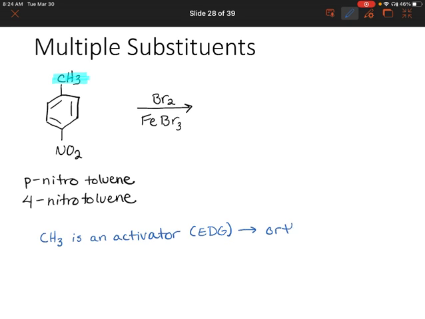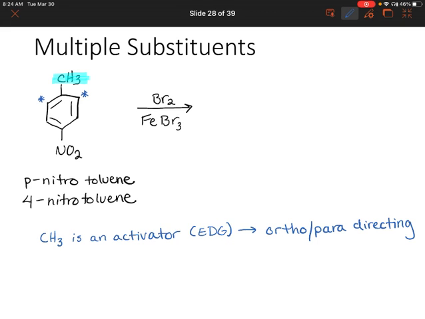Ortho-para. Well, looking at our structure up above, the para position is already blocked by the nitro group. So bromine can't add to the para position. It would have to add to the ortho positions.